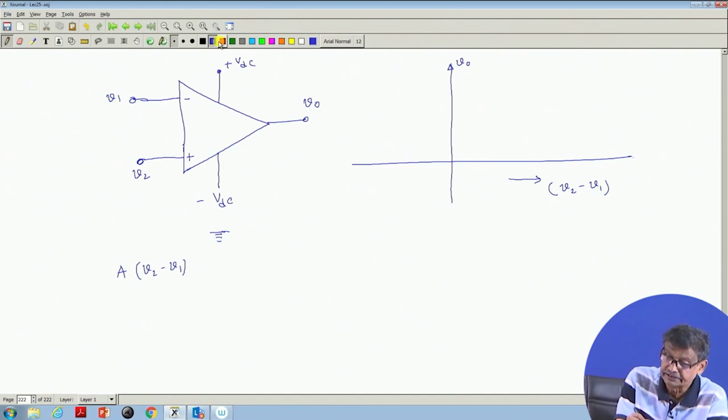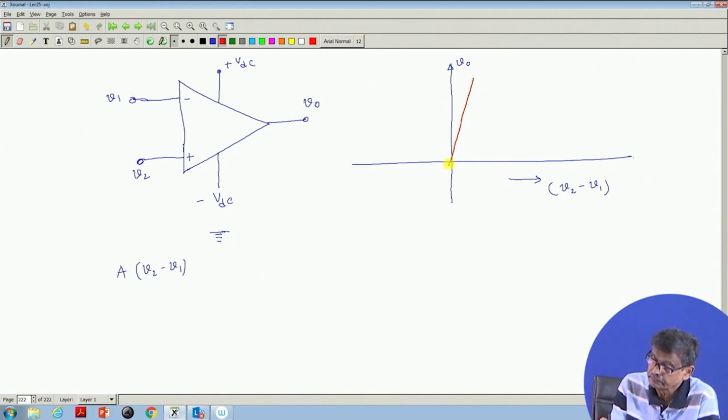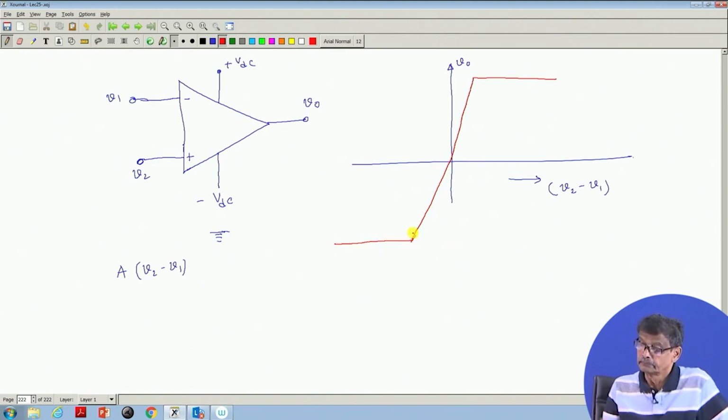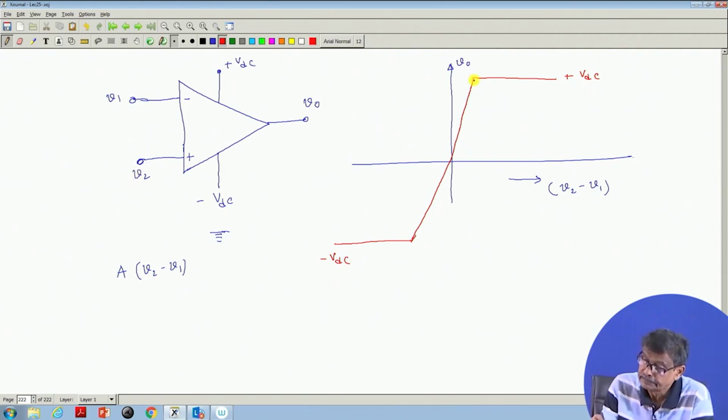This output characteristic will be very interesting if you sketch it. What is VDC? This one. This is the output voltage.